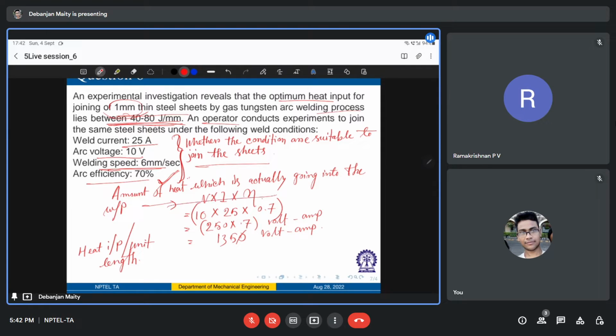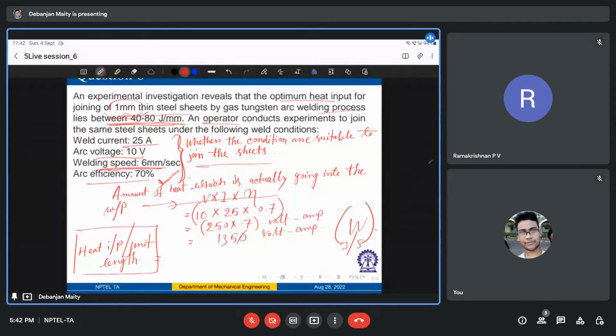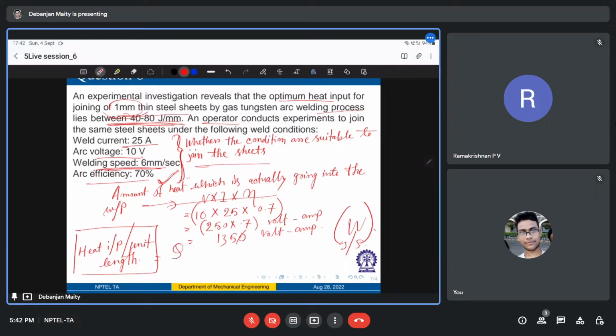So your power is coming in terms of watt, right? That is joule per second. And you have your welding speed. If you need the heat input per unit length, you need to simply divide the total amount of heat flux by the velocity.